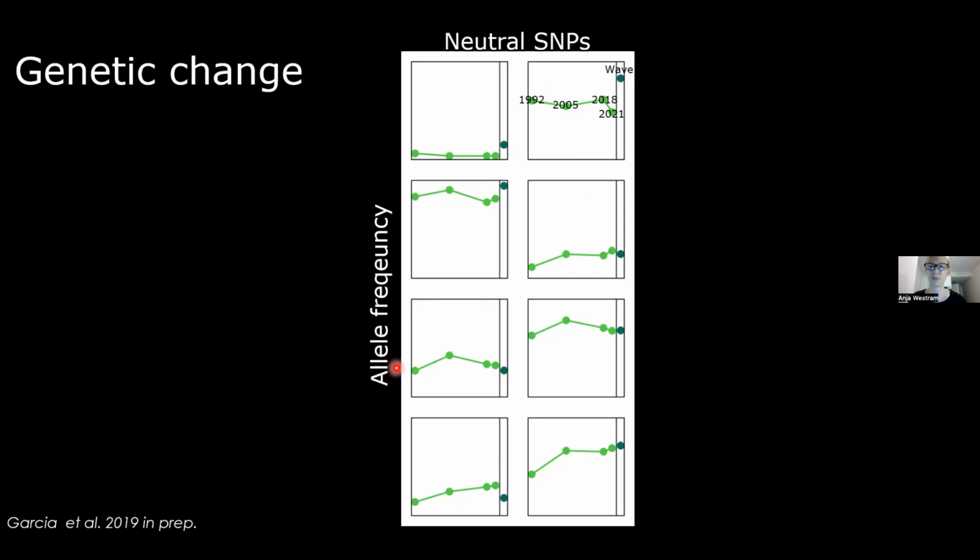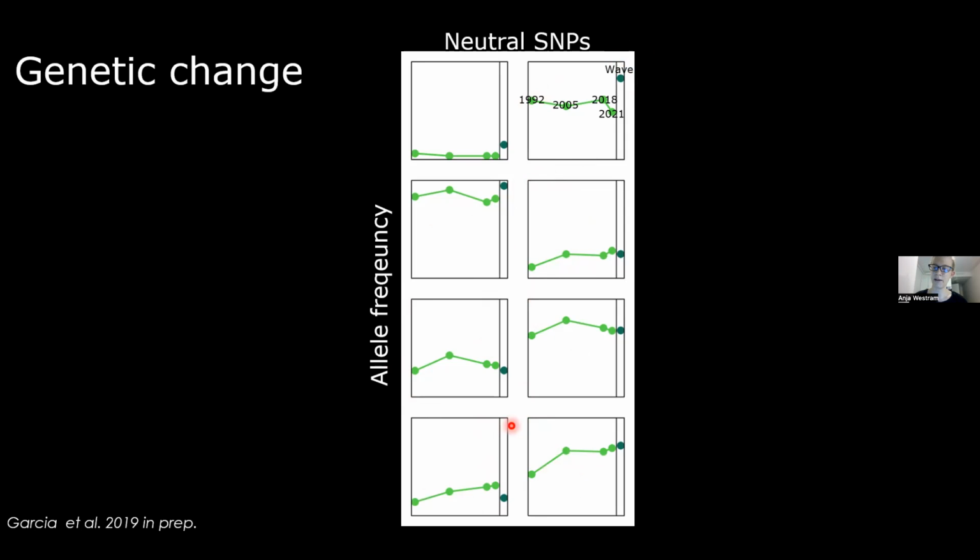Again, of course, I am not showing you all the SNPs. For comparison, we have the allele frequency for the same SNPs in the wave population. If you look at these putatively neutral SNPs, some of them are changing, some of them are going up in frequency a bit, but overall, you cannot really see that there is a lot of change for these neutral SNPs.